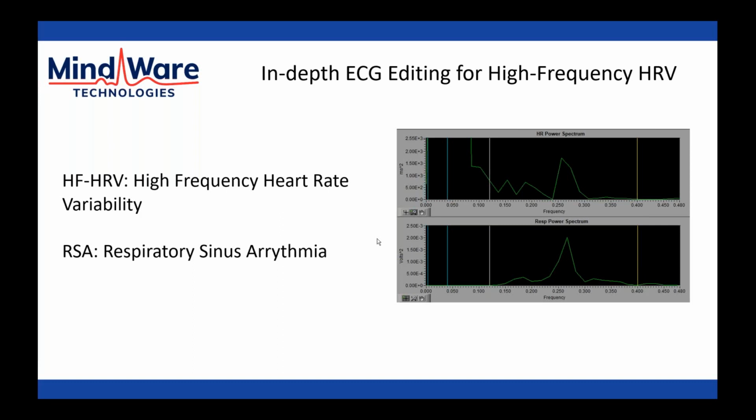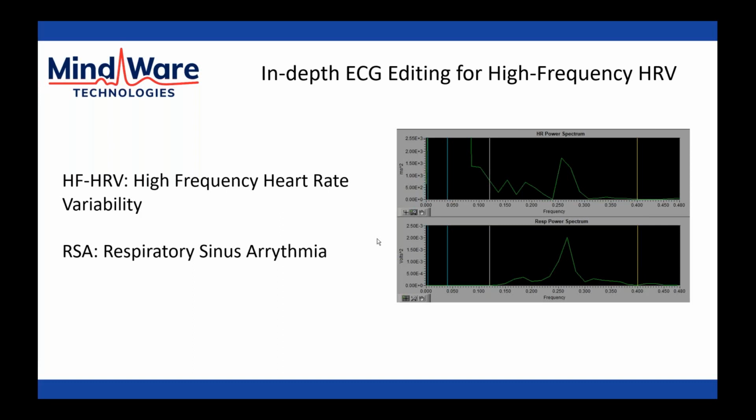And we can actually measure high-frequency heart rate variability, HF-HRV as it's abbreviated. That's what we're actually measuring when we're identifying those R peak timings and diving down into that specific frequency range. But we can say that high frequency heart rate variability reflects respiratory sinus arrhythmia when we can also confirm that respiration is occurring within those same frequency bands.